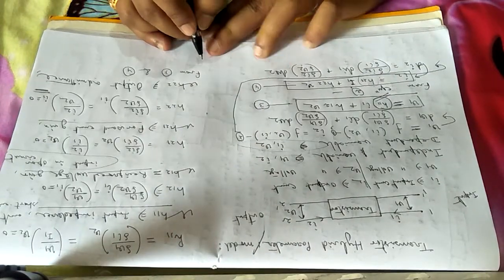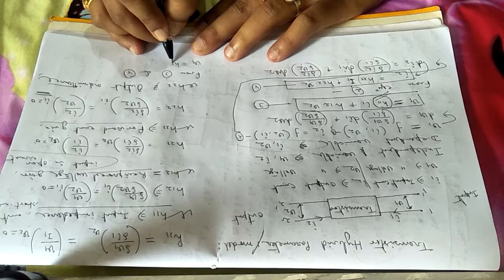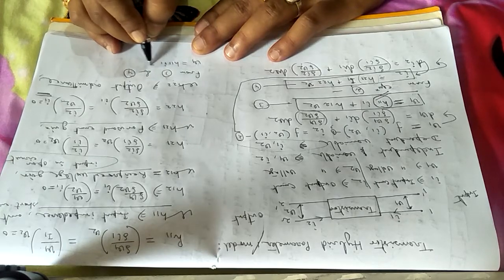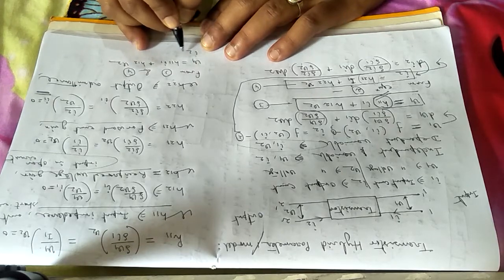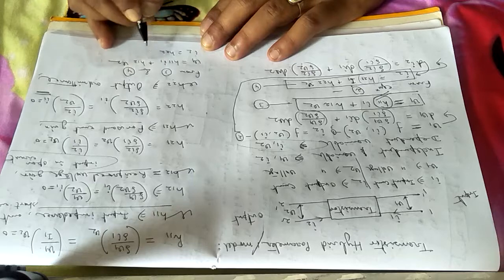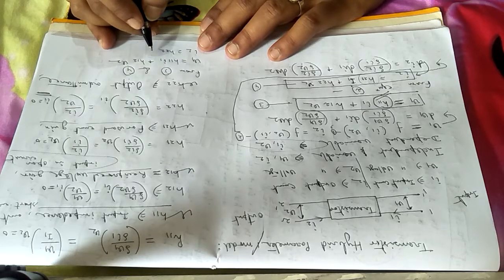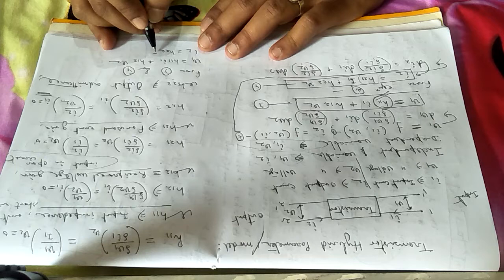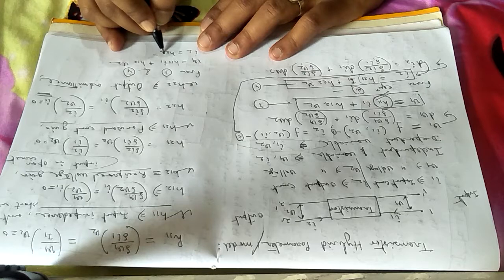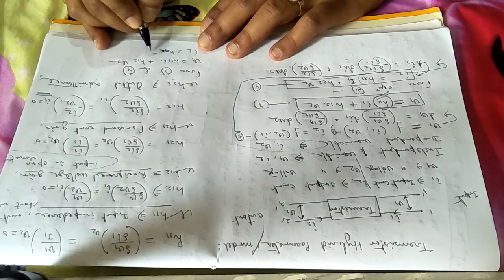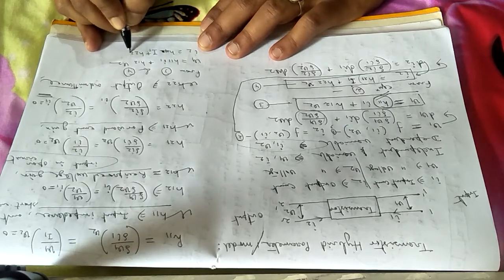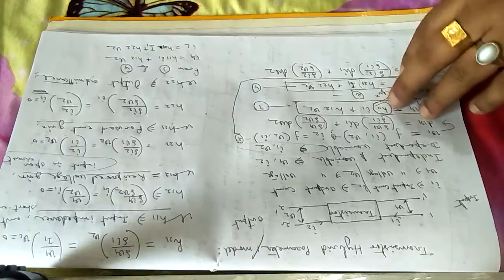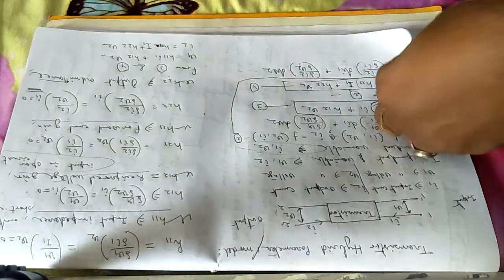Again, I can write V1 equals H11 into I1 plus H12 into V2, and I2 equals H21 into I1 plus H22 into V2. So actually I can express this in the form of a matrix.